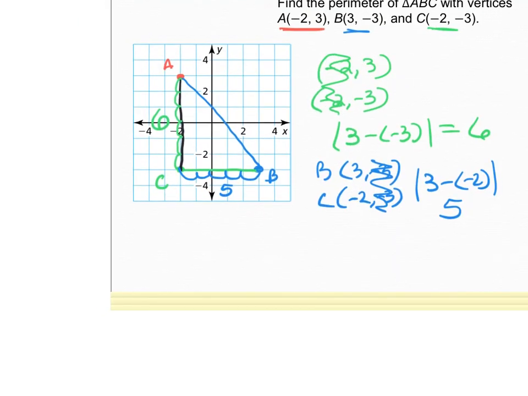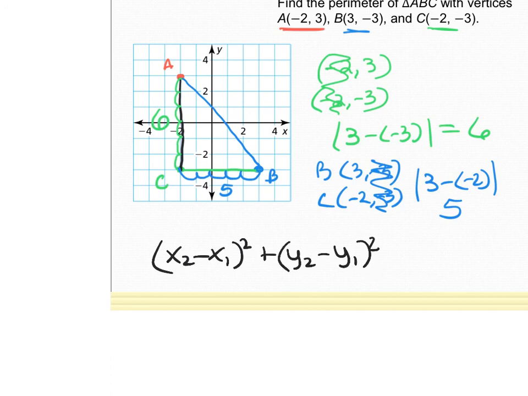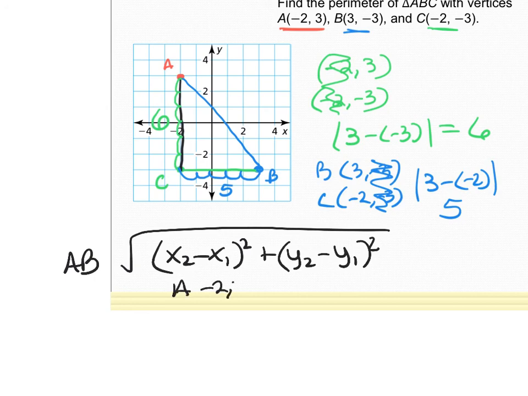Now I have to find the distance of the blue one. I need to use the distance formula. x2 minus x1 squared plus y2 minus y1 squared, all under the radical. And I'm going to use this to find the length of AB. So point A, -2, 3, and B is going to be +3, -3. So now what I need to do is subtract. So this will be x2, y2, x1, y1.